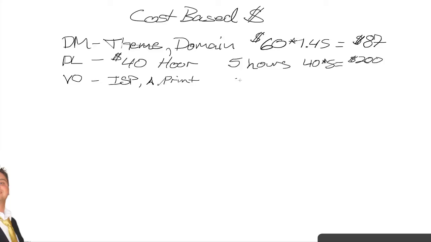Let's say this is $30. Since this is a hard cost, I always add 45% to it. So again, we're going to multiply that by 1.45. It's going to be half of that, so 43.50, I hope.